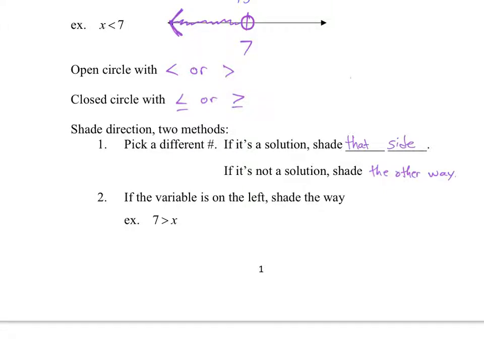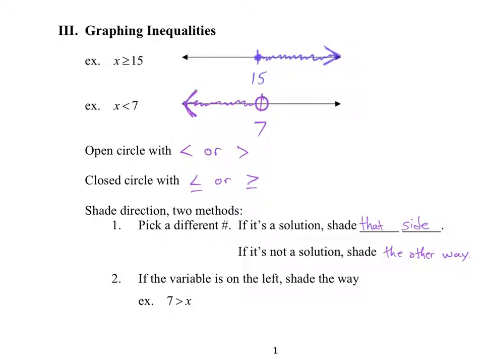The other way that some people were pointing out last year, this works better in the younger grades. In the older grades, like now, we don't always give it to you nicely. But you'll notice if you have x is greater than or equal to 15, the arrow's pointing to the right. Agreed? So you shade the way the arrow's pointing. Here you have x is less than 7, and we're shading the direction the arrow's pointing. Agreed?